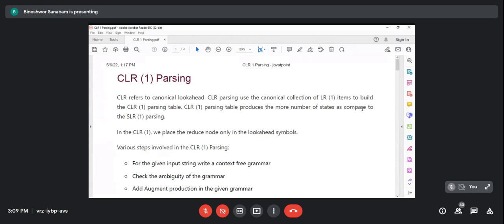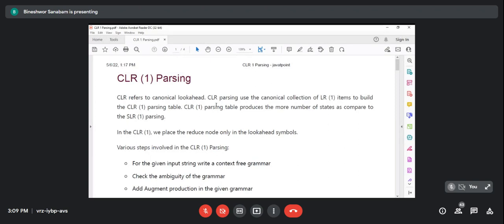When we are talking about CLR1 parsing, the C here refers to canonical LR1 parsing. And here you have a 1, which means it is a look ahead. So you need a look ahead symbol, one look ahead symbol.